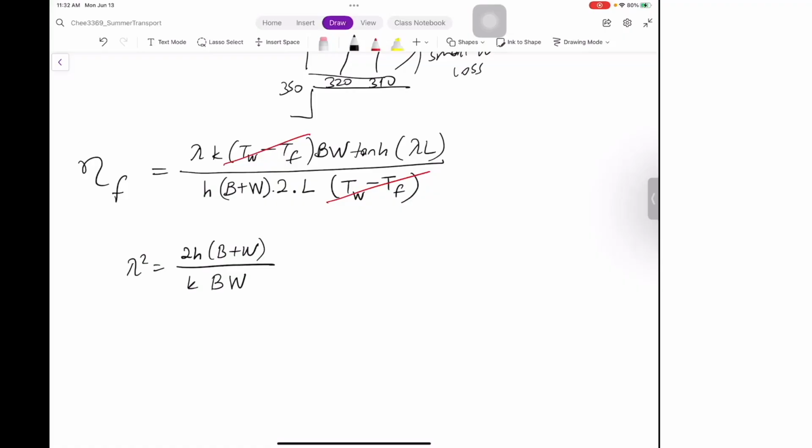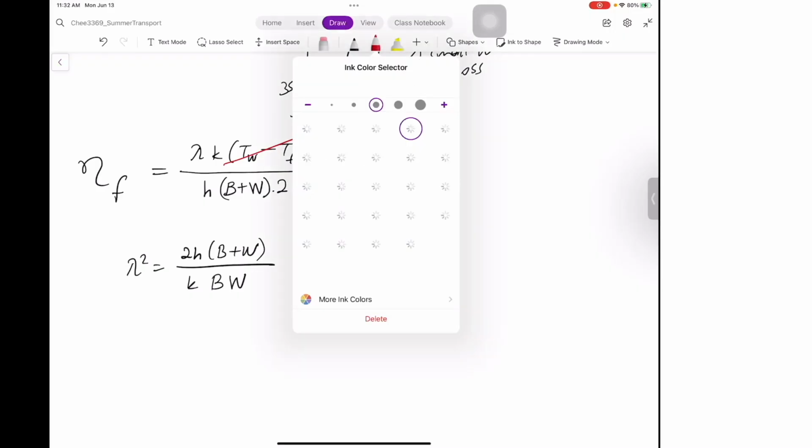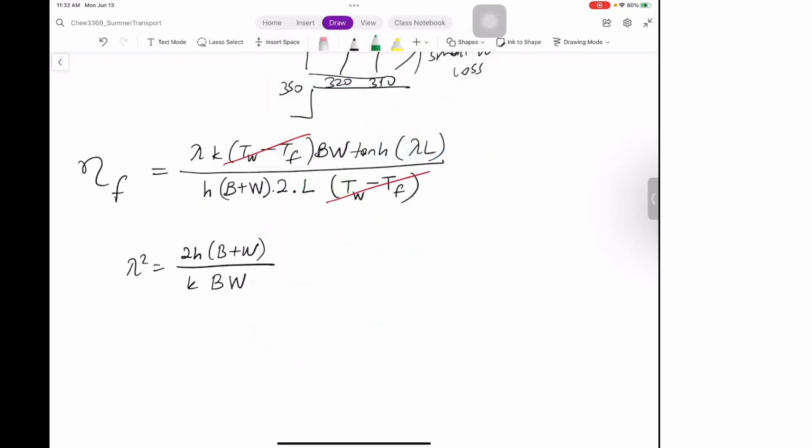So let me use green. Look at this quantity, please. It's basically h times b plus w times 2, which is this numerator, and in the denominator, k b w, right? You have it in the denominator here.